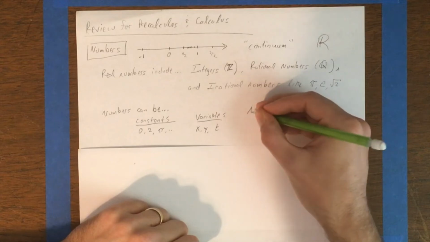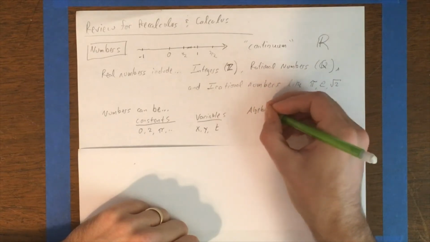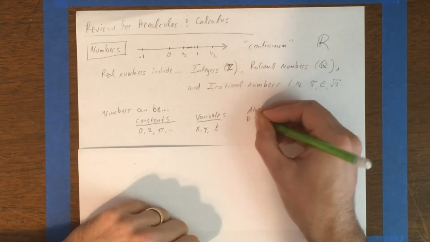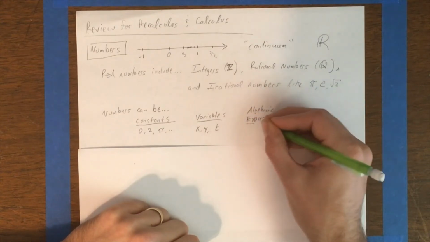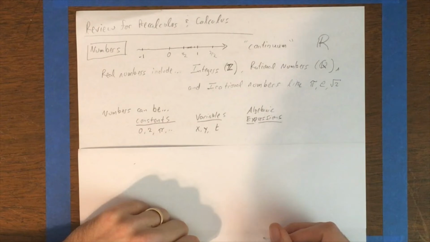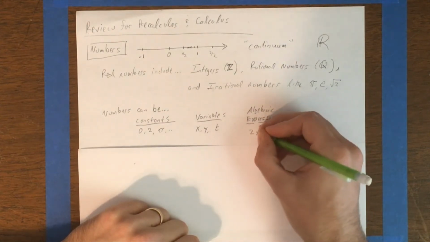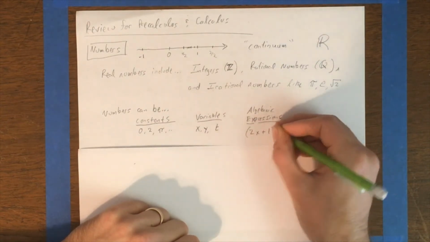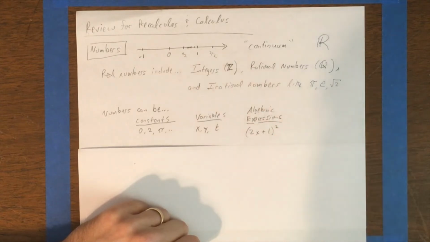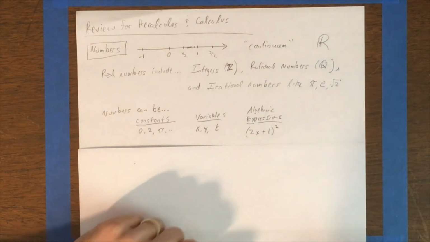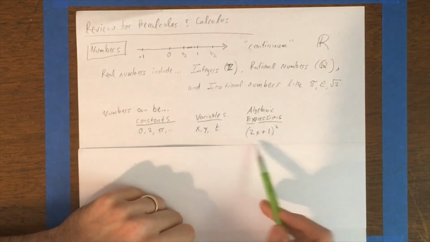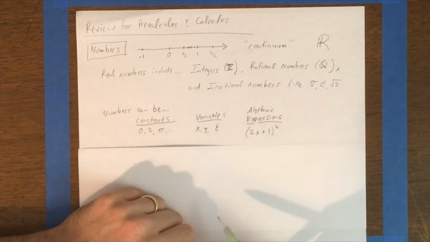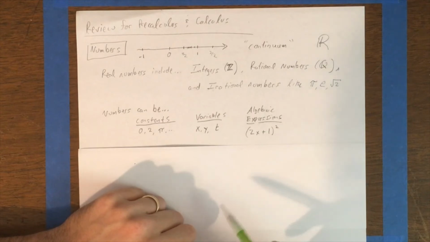Or numbers can be algebraic expressions. We're going to go over the algebraic operations in a minute, but algebraic expressions, things like (2x + 1) squared, are still numbers. For all intents and purposes, we will treat that as a number. It's going to follow all the same rules that numbers follow.